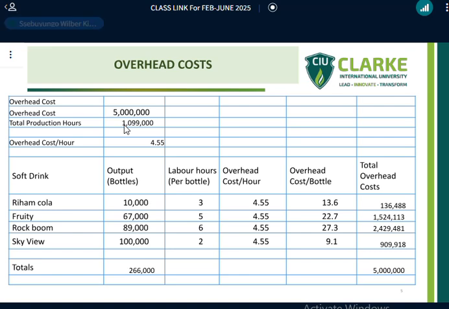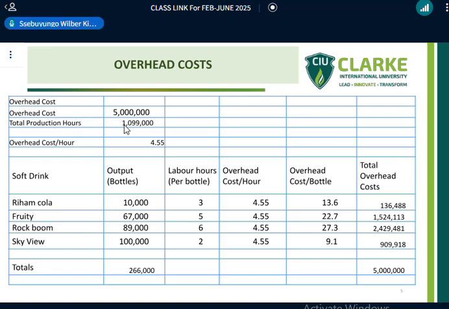Now we ask ourselves, if for the period we have 5 million as overhead cost, and the hours are 1,099,000, what is the overhead cost for a single hour? Then we said 5 million divided by the total labor hours or production hours.